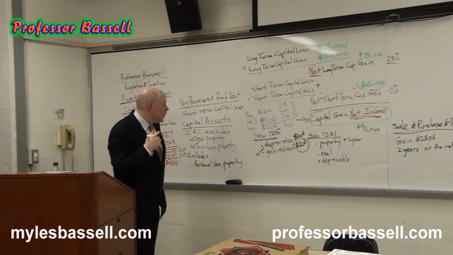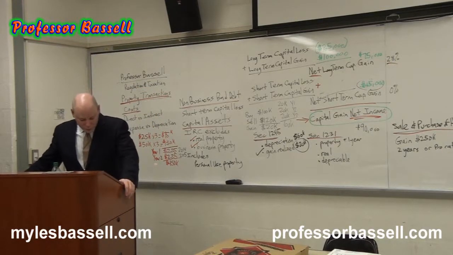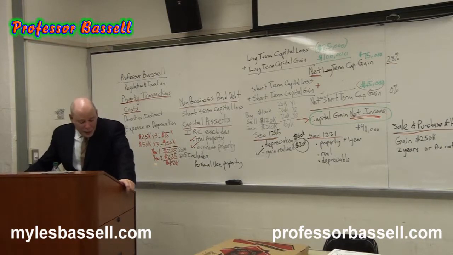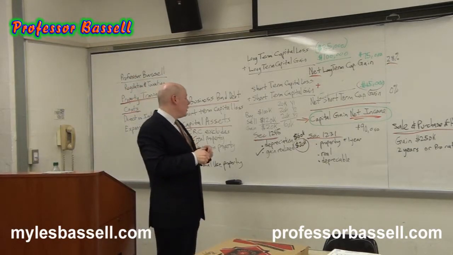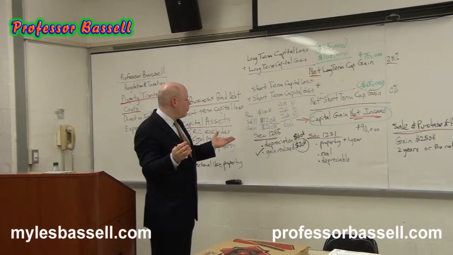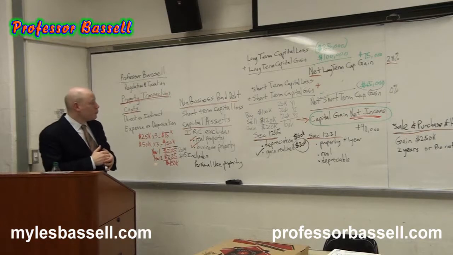Let's see, what did we say? $120,000. And let's say that we also have the loss on a building, right? So we have our office furniture. We have a loss on the office furniture for $120,000.